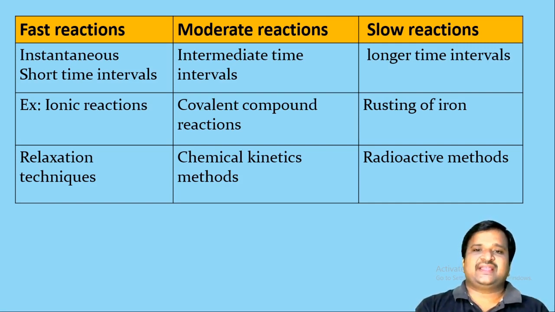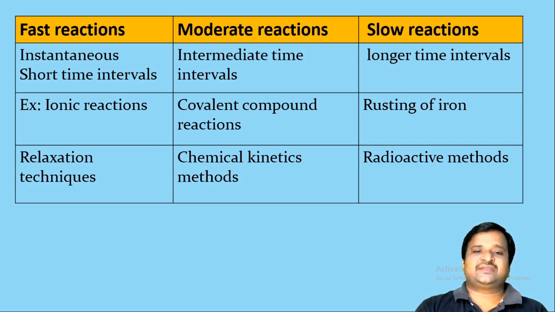The majority of organic compounds are covalent compounds, so organic compound reactions come under the moderate reactions. For slow reactions, the example is rusting of iron, which takes more time to complete the reaction.